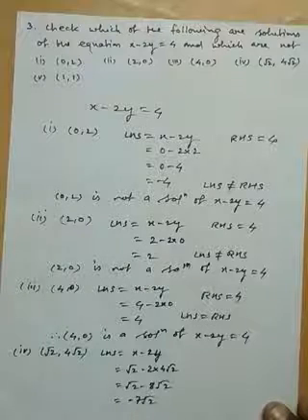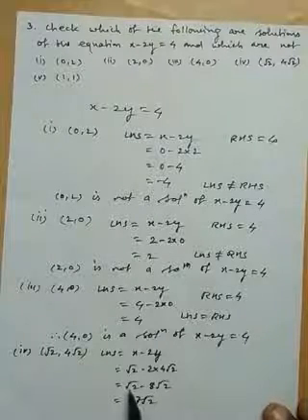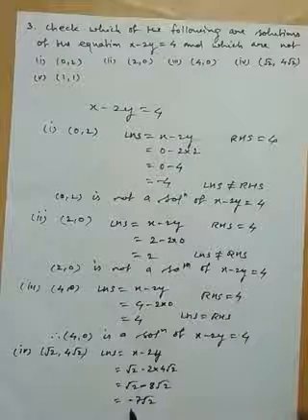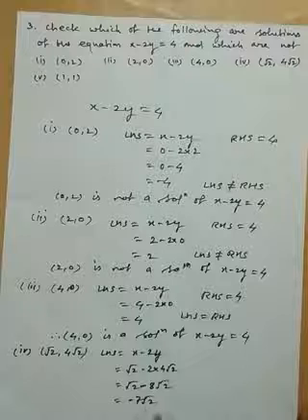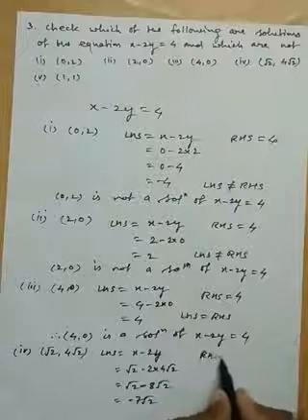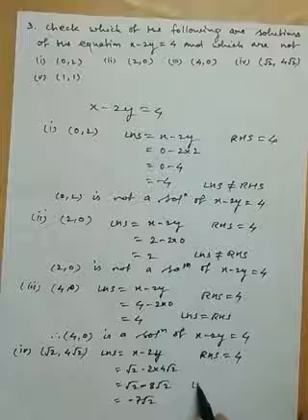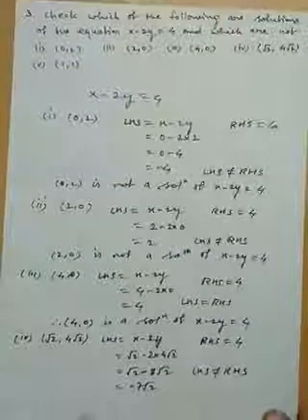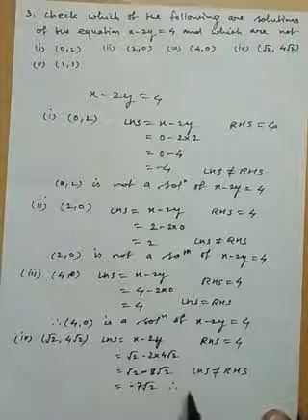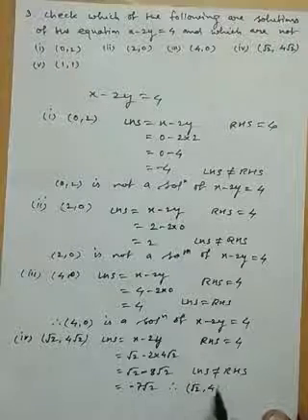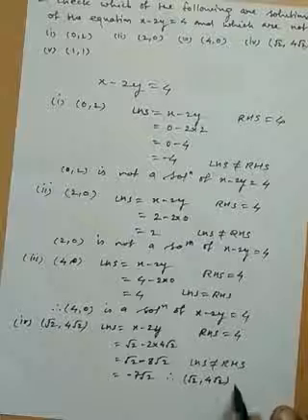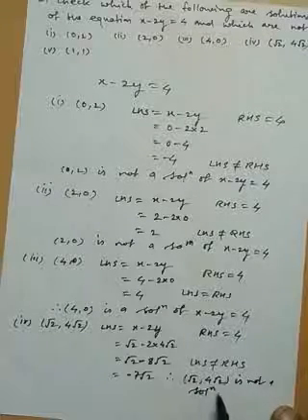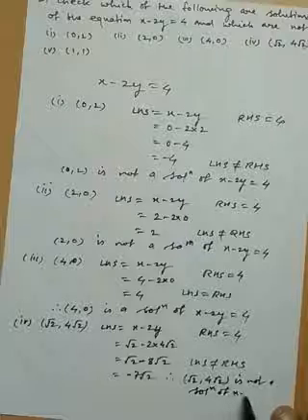Plus and minus gives minus, whose difference is 7, and the sign of the greater number is negative, so minus 7 root 2. And here the RHS is 4. And LHS is not equal to the RHS. So therefore (root 2, 4 root 2) is not a solution of the given equation.